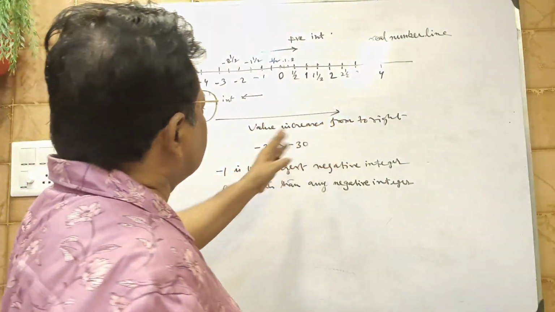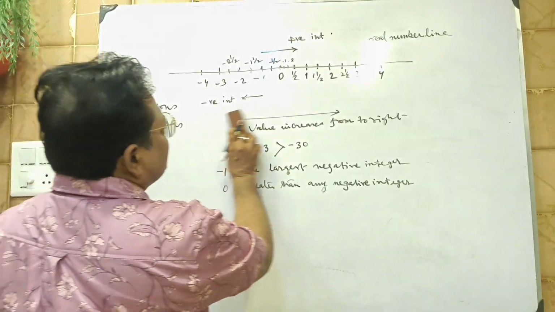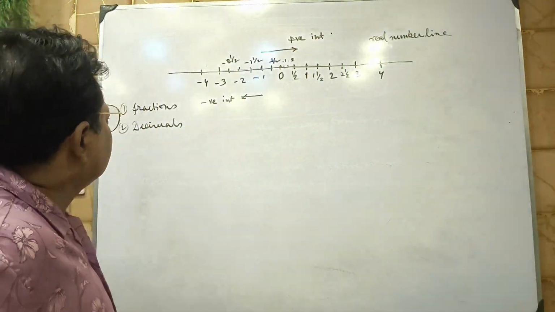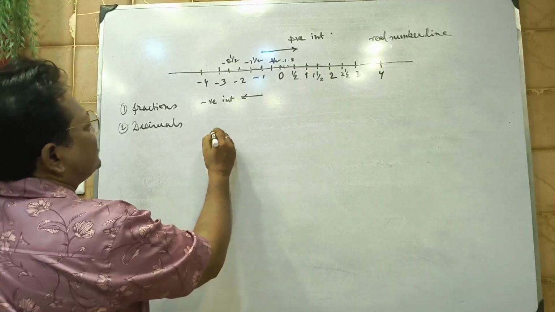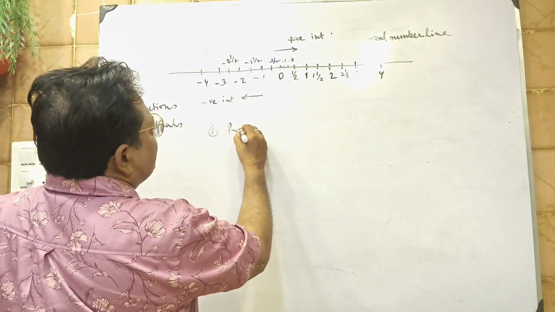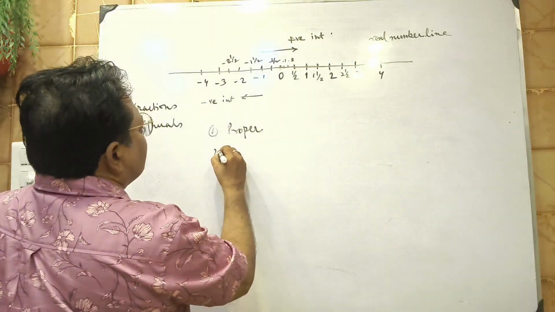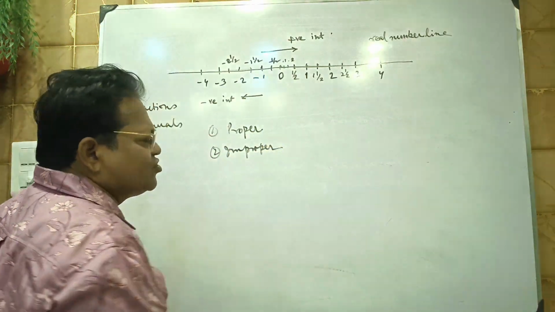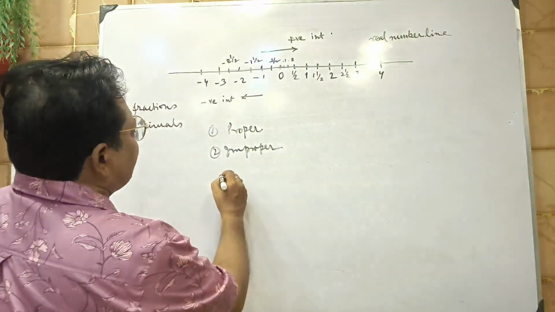Suppose you come to know this one I have shown you, so I erase. What are fractions and decimals? There are different types of fractions. Number one is proper, number two improper. Very swiftly I go through these different types of numbers.